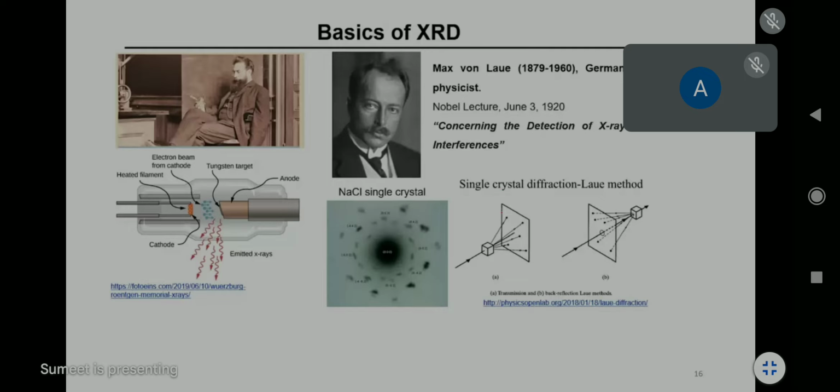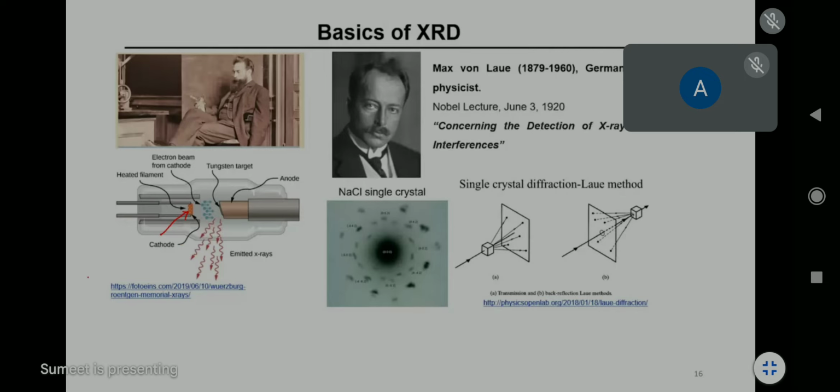So in his experiment, how he generated these X-rays, we can see there is a filament here. Filament means, likewise we use a heater in our home. In winters we generally use a heater, and that heater has a coil, and when you switch on the heater, that coil gets heated up.